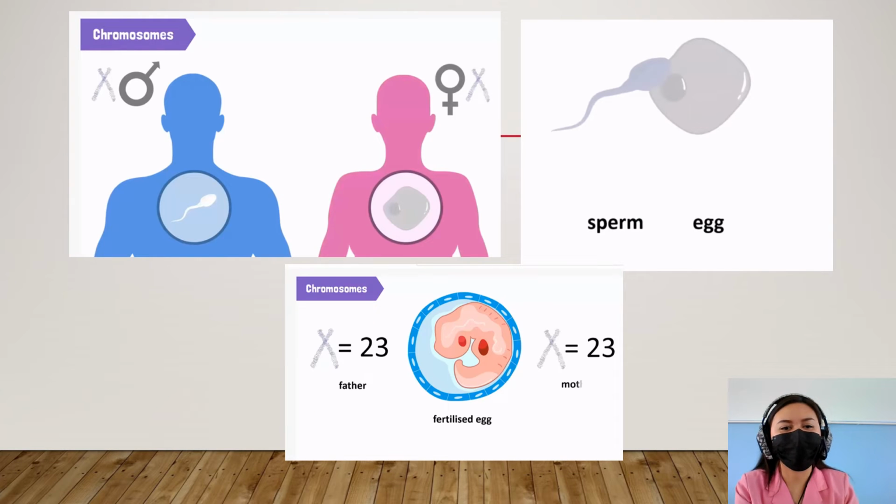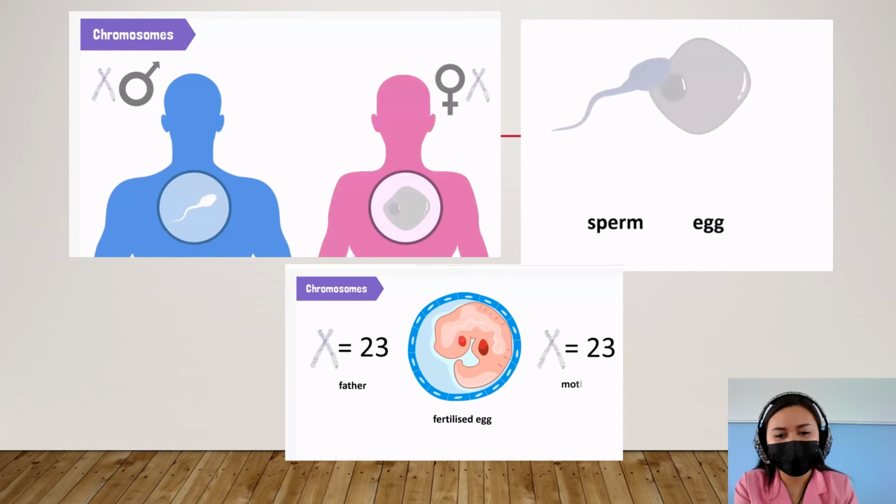If your mother and father combine together, and the sperm and the egg cell combine, it can create a fertilized egg. It creates a human fetus.